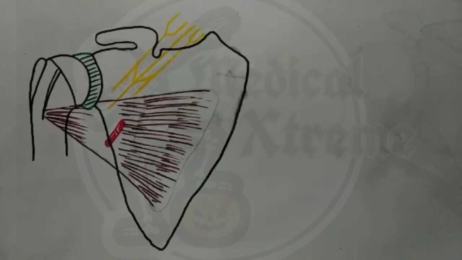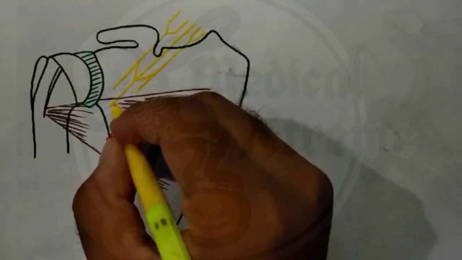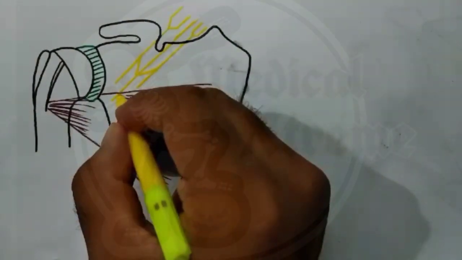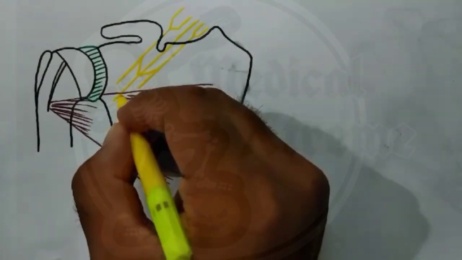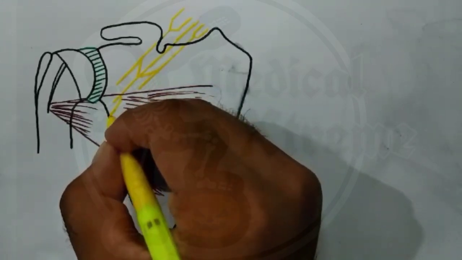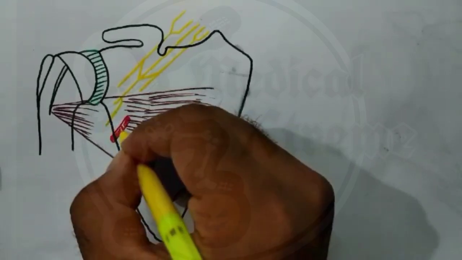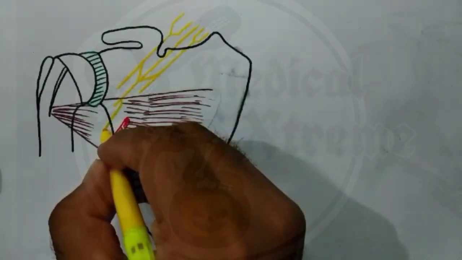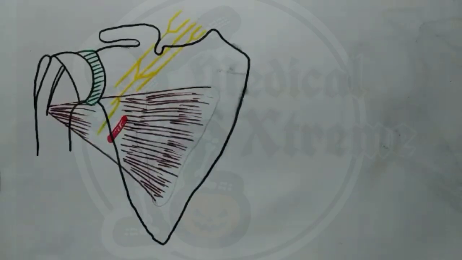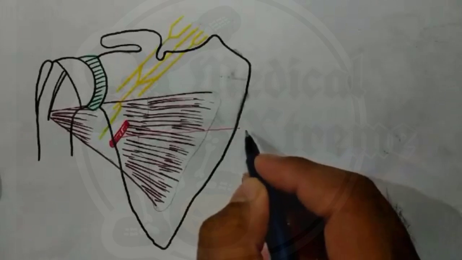Now we are discussing about its course and relation with the help of a diagram. This is posterior cord of brachial plexus and this is our axillary nerve. In lower part of axilla, axillary nerve runs downward behind third part of axillary artery. This artery shown here is axillary artery.